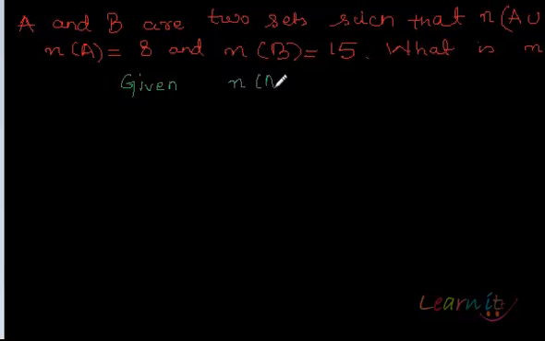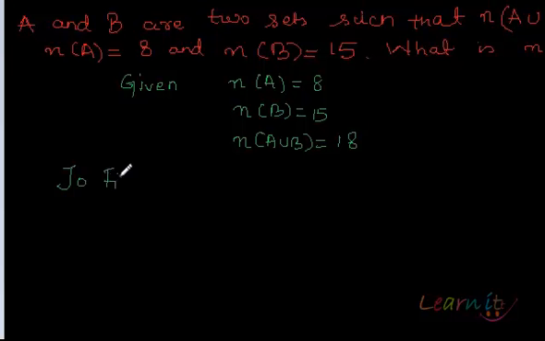We are given n(A) equals 8, n(B) equals 15, and n(A union B) equals 18. Now what we need to find is n(A intersection B).